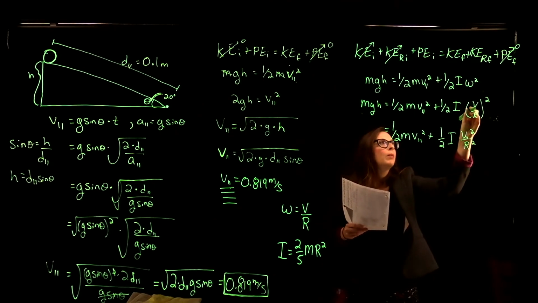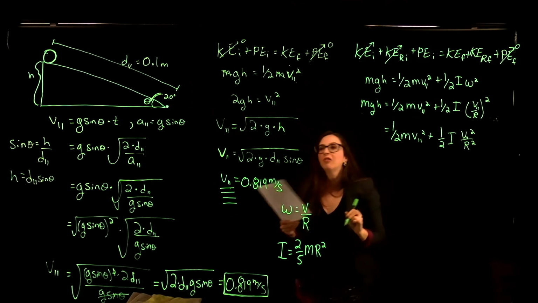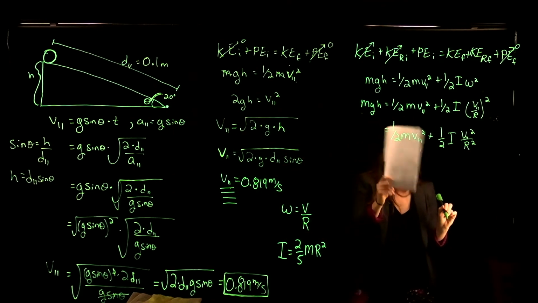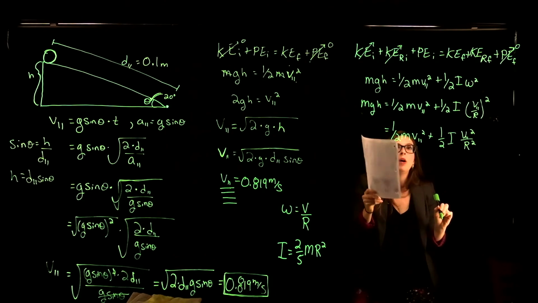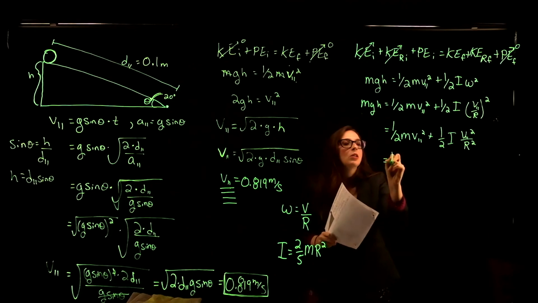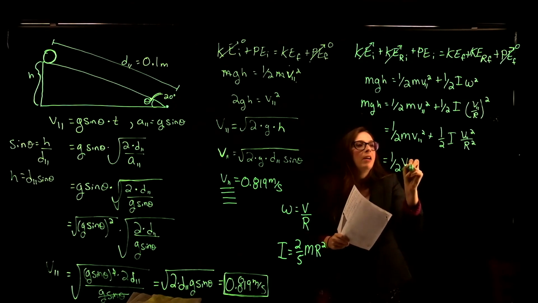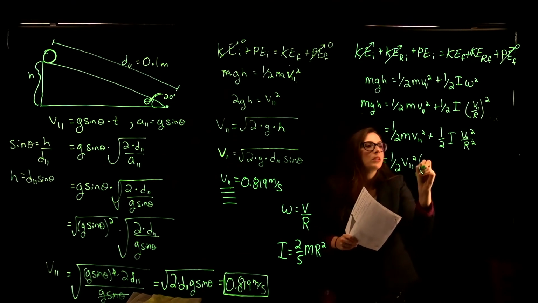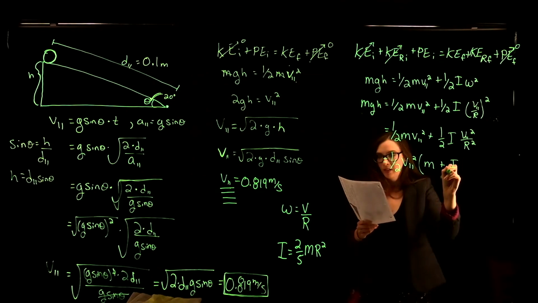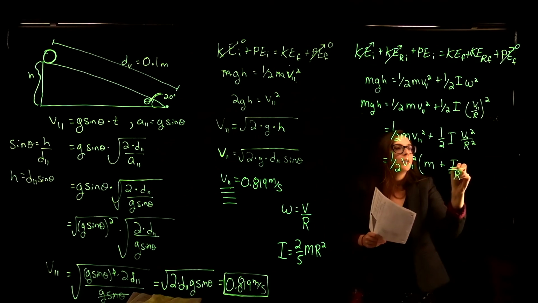And this is also our parallel velocity, our velocity that we're going to have at the bottom of the ramp here. So we can factor out a 1/2 v parallel squared. This is 1/2 v parallel squared times mass plus moment of inertia divided by r squared.